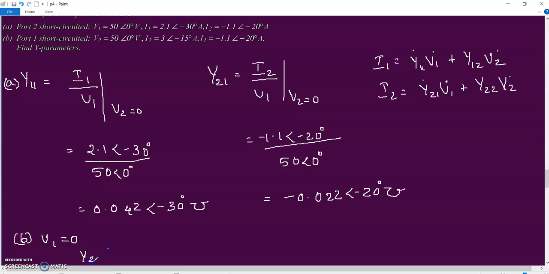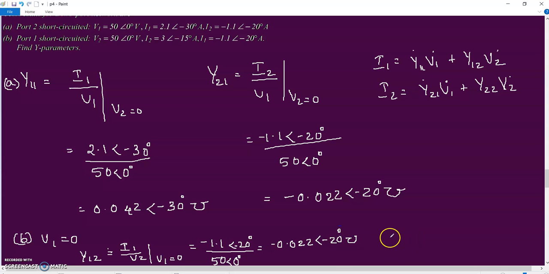So, we will get Y12 equal to I1 by V2 at V1 equal to 0, which is equal to I1, minus 1.1 angle minus 20 degree, divided by V2, which is 50 angle 0 degree, which is around minus 0.022 angle minus 20 degree mho.